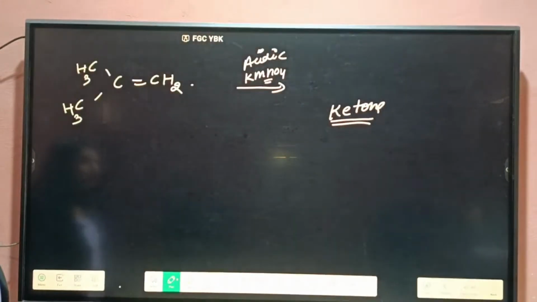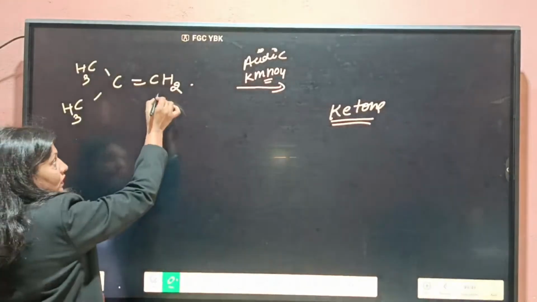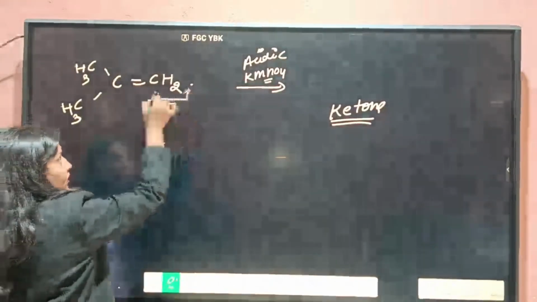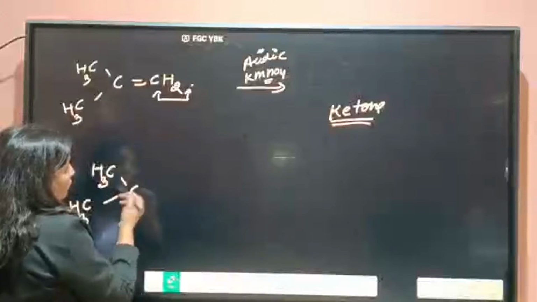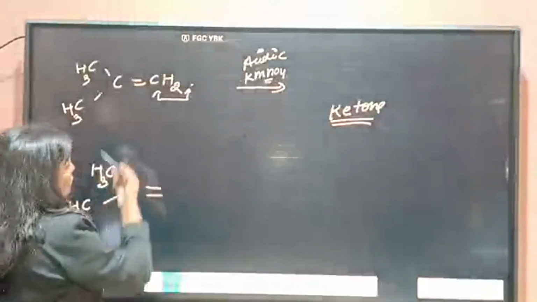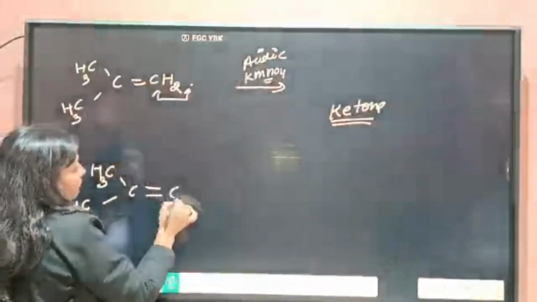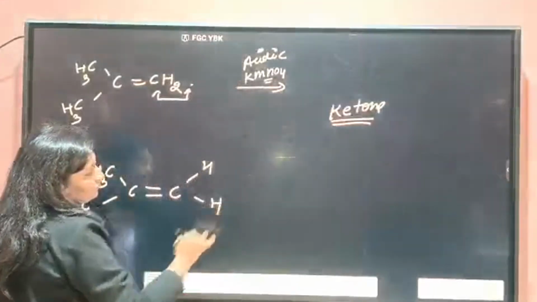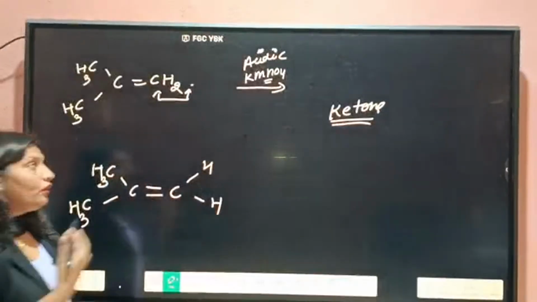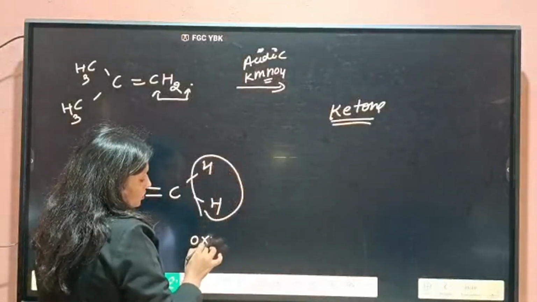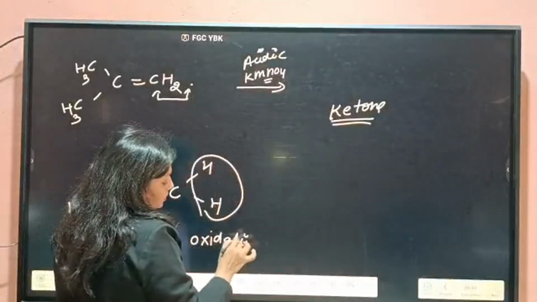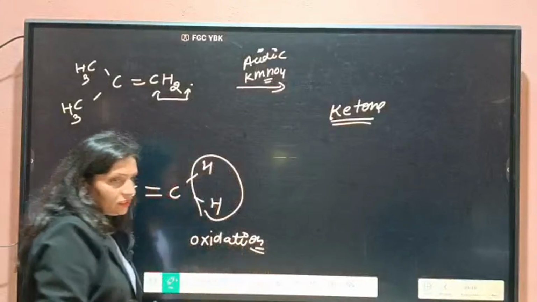Ketone. What will happen? This carbon is forming two bonds with this carbon and one bond with this hydrogen. Here removal of hydrogen takes place, and removal of hydrogen means further oxidation takes place.